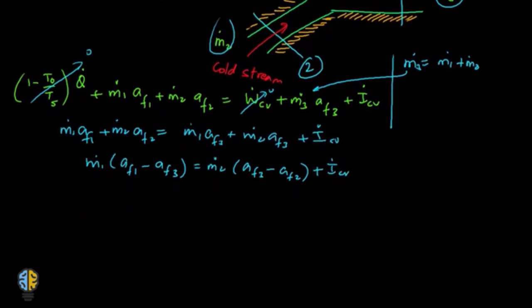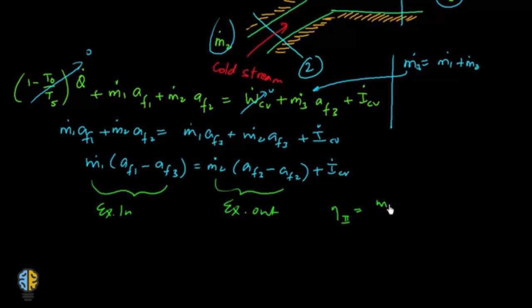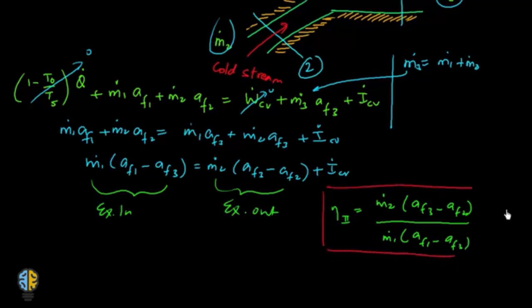Now again, if you look at this equation, it is very easy to conclude that this is the exergy in and this is the exergy out. So the second law efficiency for the mixing of two fluids would be m2 dot into af3 minus af2 divided by m1 dot into af1 minus af3. So this is the complete analysis of this illustration of the second law efficiency.